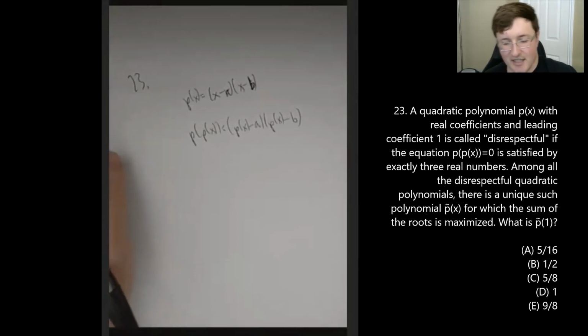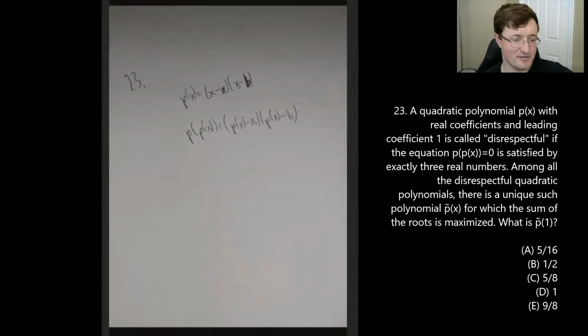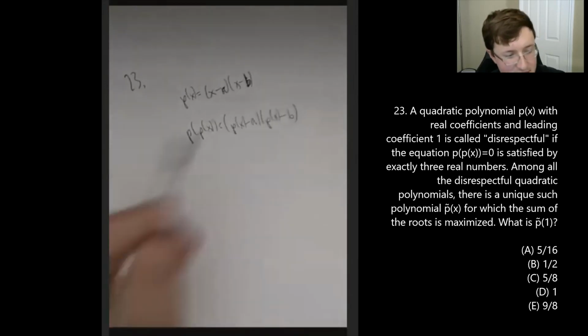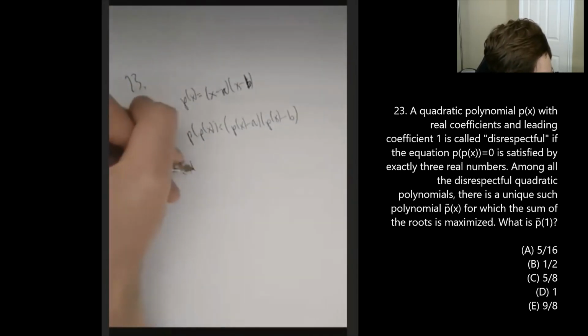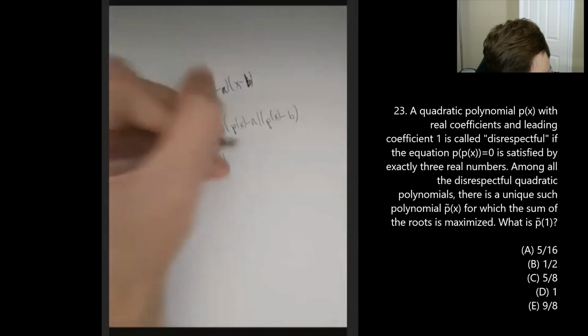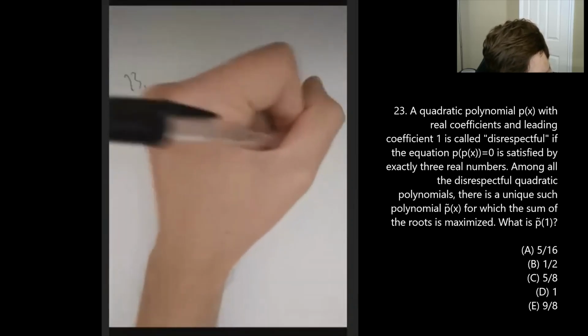So this has to have 4 roots with multiplicities counted. So either P of X minus A or P of X minus B has a double root.